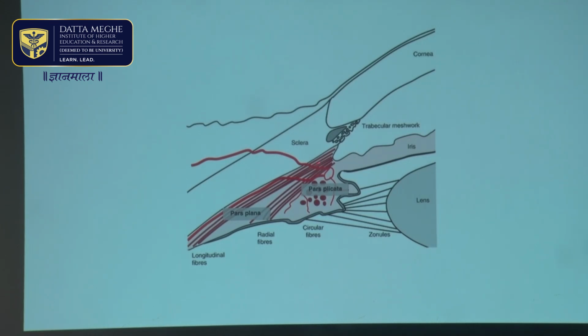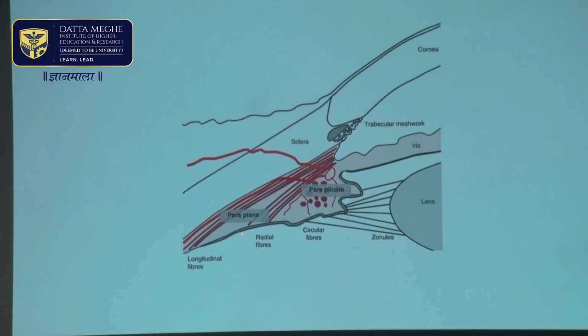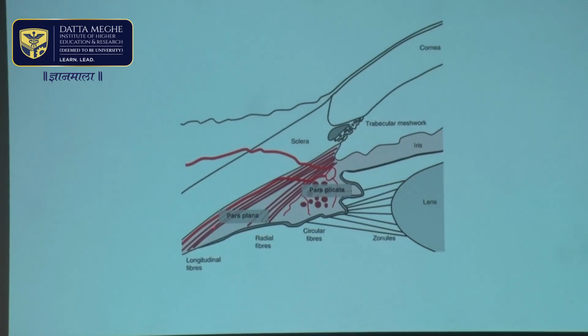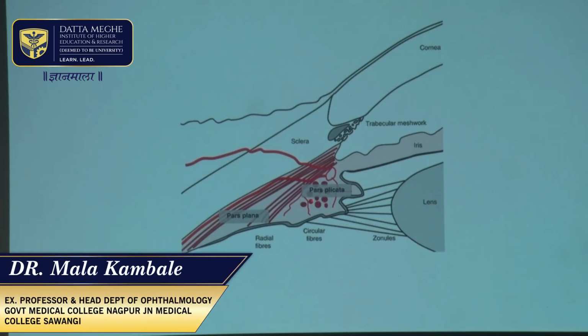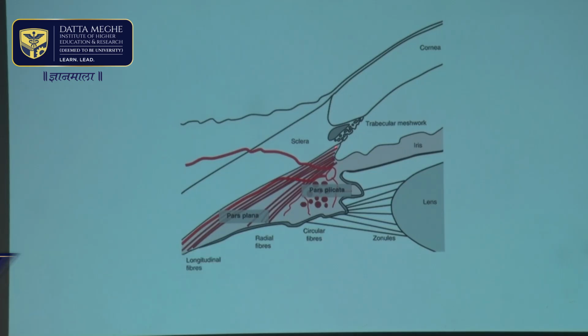These are the longitudinal fibers, the outermost layer near the sclera. This is the second layer, the radial fibers running radially, and these are the circular fibers. All these fibers originate from one place, the scleral spur, which is nothing but a fibrous ring close to the trabecular meshwork.